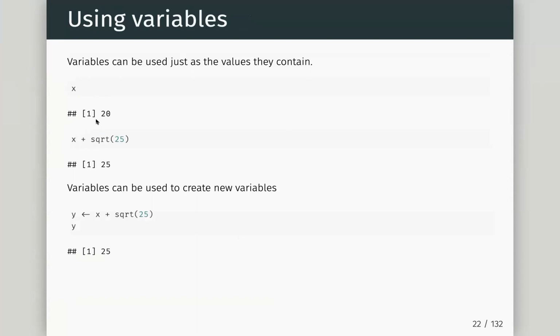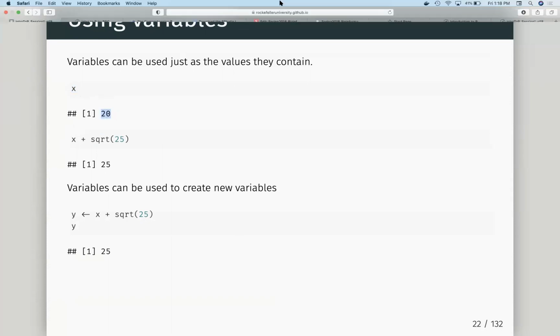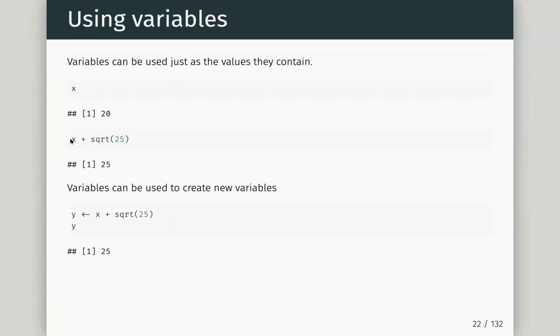Once we have a value stored within a variable, this variable X will act just like the value stored inside it. So in this case, I'm going to assign the value 20, and we're going to do X plus square root of 25. It's going to take 20, add the square root of 25, which will be 5, and give me the value.